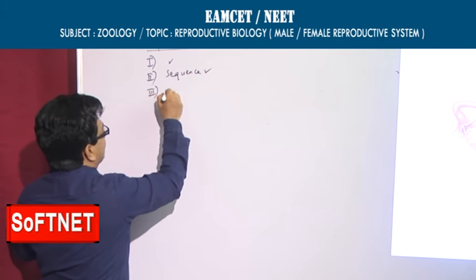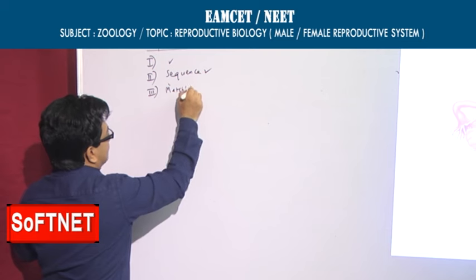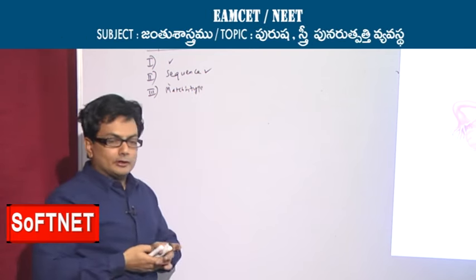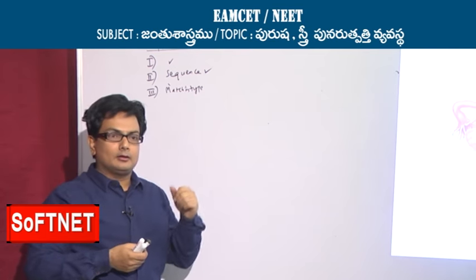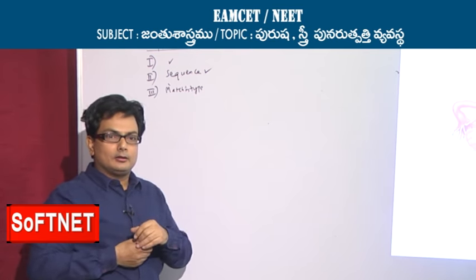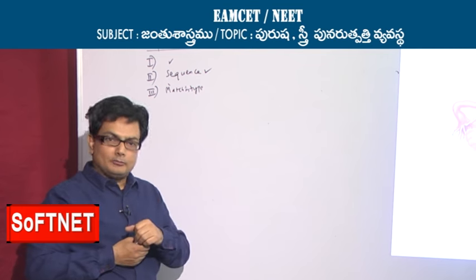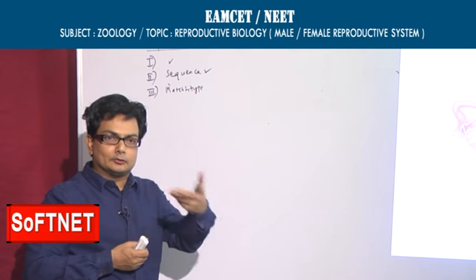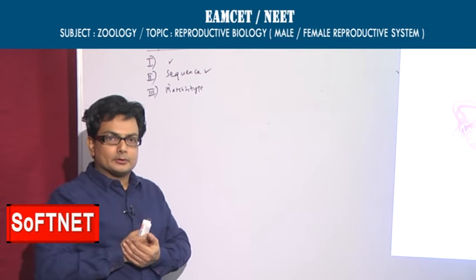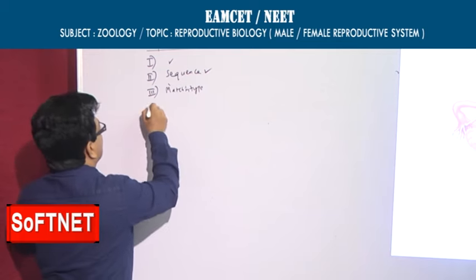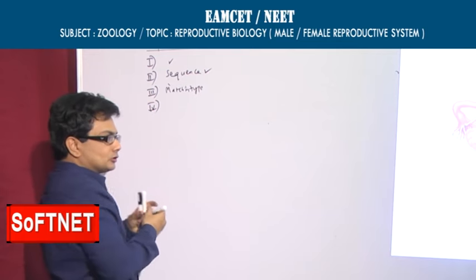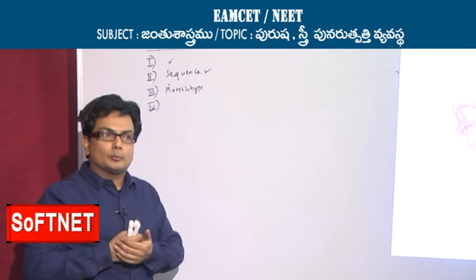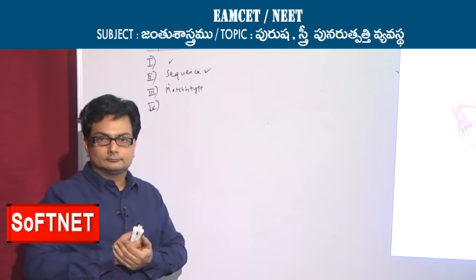Next, match the following. Matching type. So in this matching type, what you can do is, you can recall important cells of a male, glands of a male, the glands of a female, and what do they do, what products or what content do they discharge. And the fourth one, the possibility will be how you can interrelate this topic with endocrinology, the hormones acting.